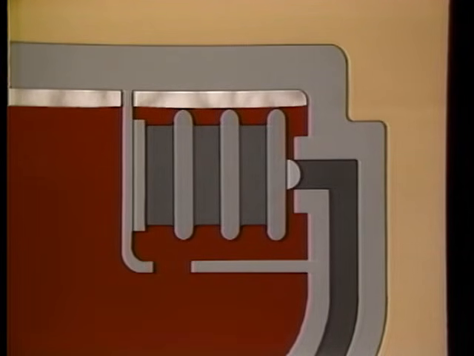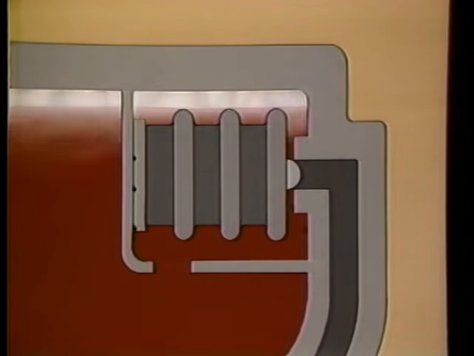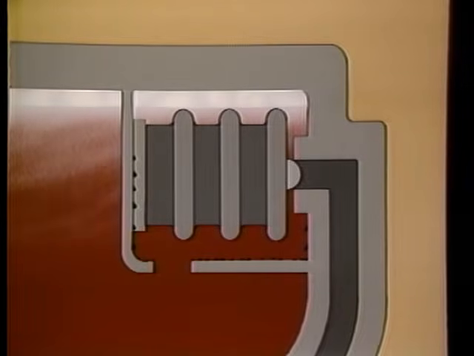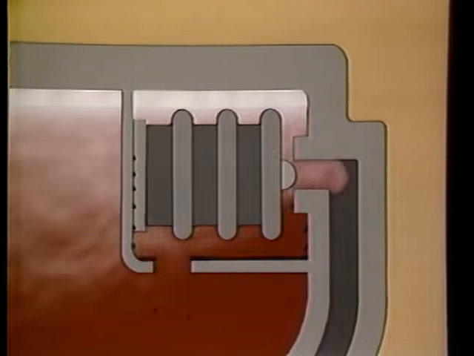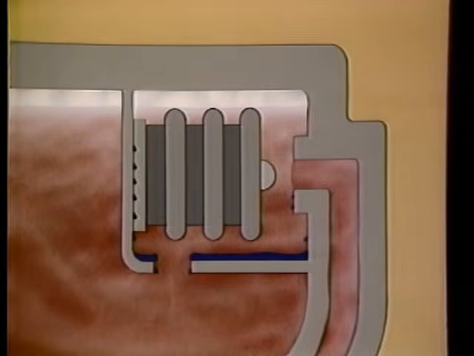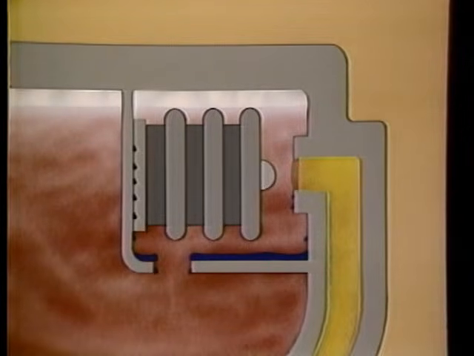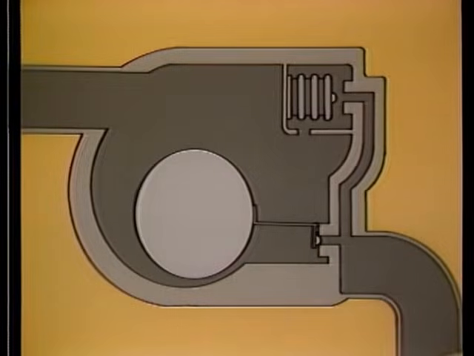Non-condensables, such as air, mix with the steam and cool the space near the top of the trap. When the bellows element cools sufficiently, the thermostatic valve will open and vent these gases into a passage leading to the trap discharge. At startup, the float is down, the float valve closed, and the thermostatic valve wide open.